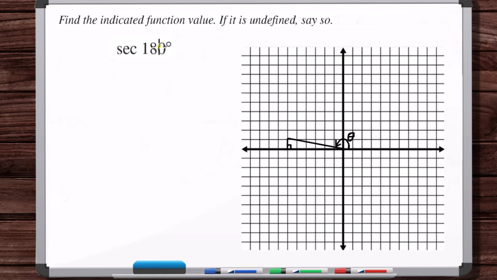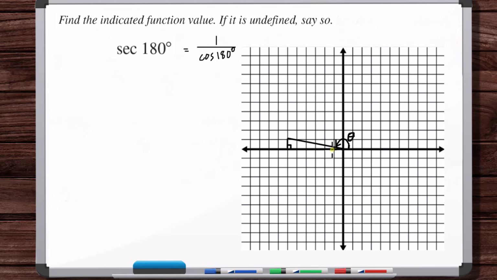All right, now what is secant the reciprocal of? Well, it's not cosecant, which is sine, which is confusing. It's cosine. So this is one over cosine 180.